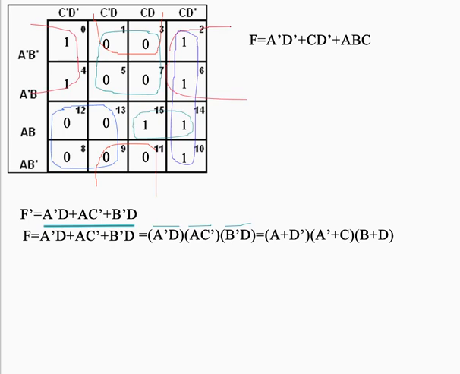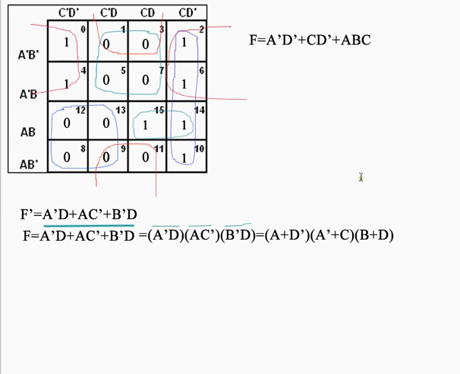Well, the zeros obviously would be the ones for the complement function. And then you do the same thing, getting the reduced sums of products form, and then you invert it to get the product of sums form for the original function.